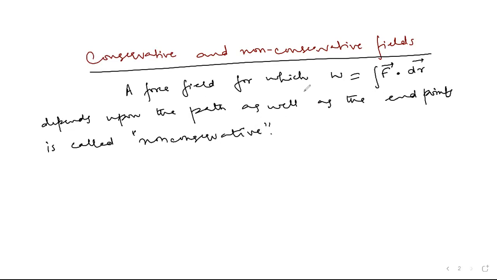That means if we have a force field F, in which case this integral F dot dr depends upon the path taken in solving this integral as well as the endpoints of the path, then the force field F is called non-conservative.